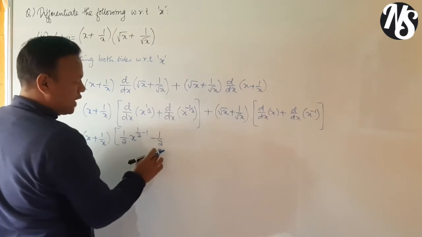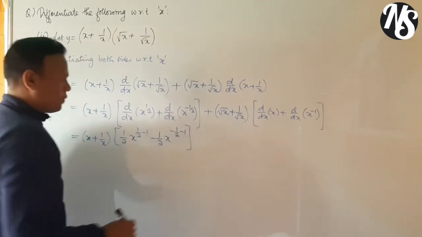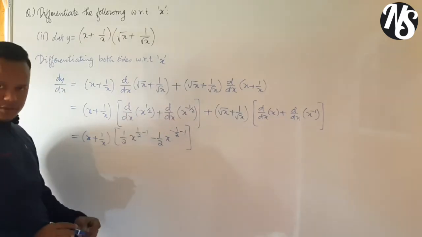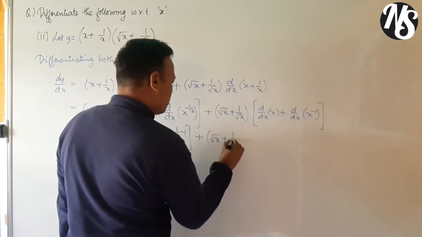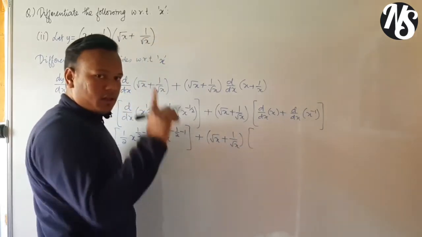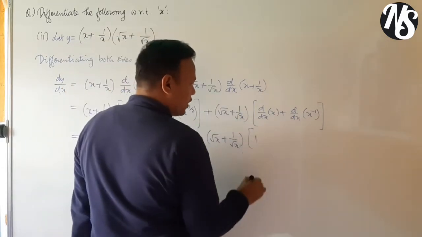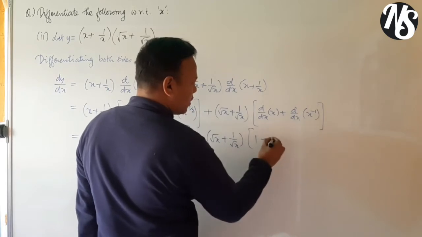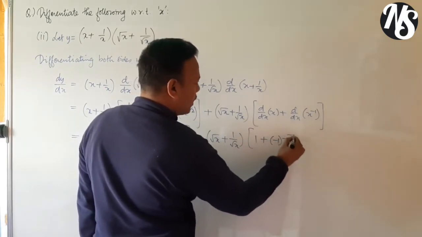So this is n x to the power n minus 1. Okay, so this is differentiation of this part. Similarly, we'll do the same with this as well. So this is root x plus 1 by root x. So differentiation of x, algebraic functions, go to that first formula, second formula in fact. So it will be 1. So this is again, see here carefully, okay, n x to the power n minus 1.